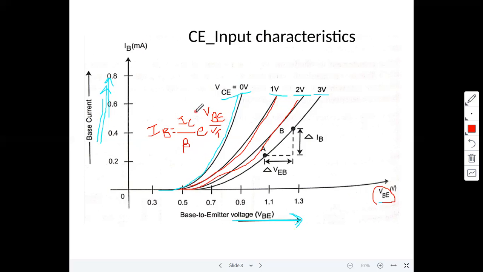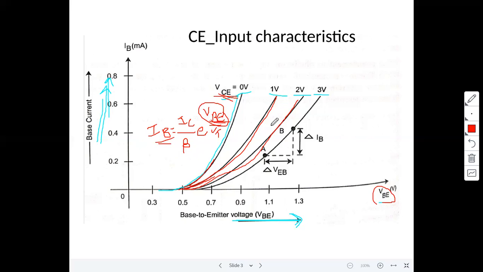And not only that, if VCE changes, VBE also changes. That's why we are getting different curves. As VCE changes, VBE changes, and IB also changes.